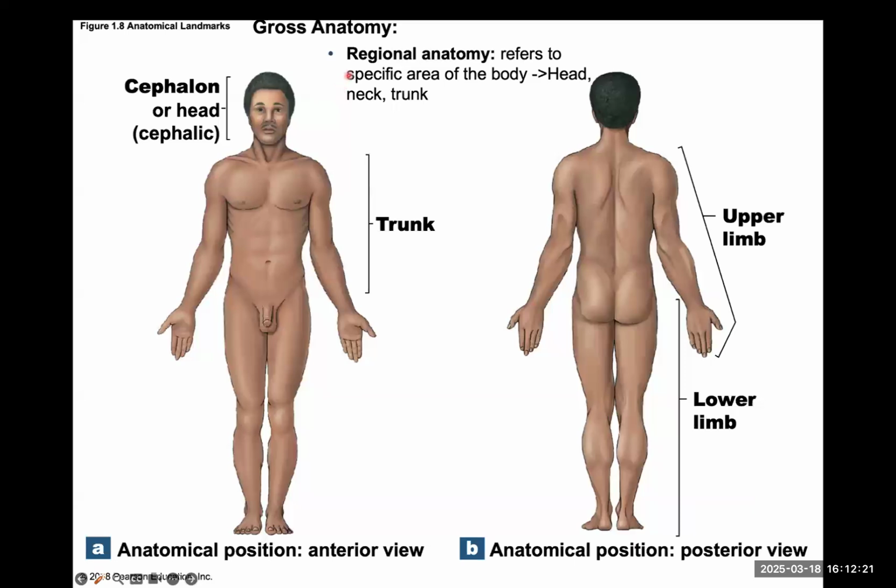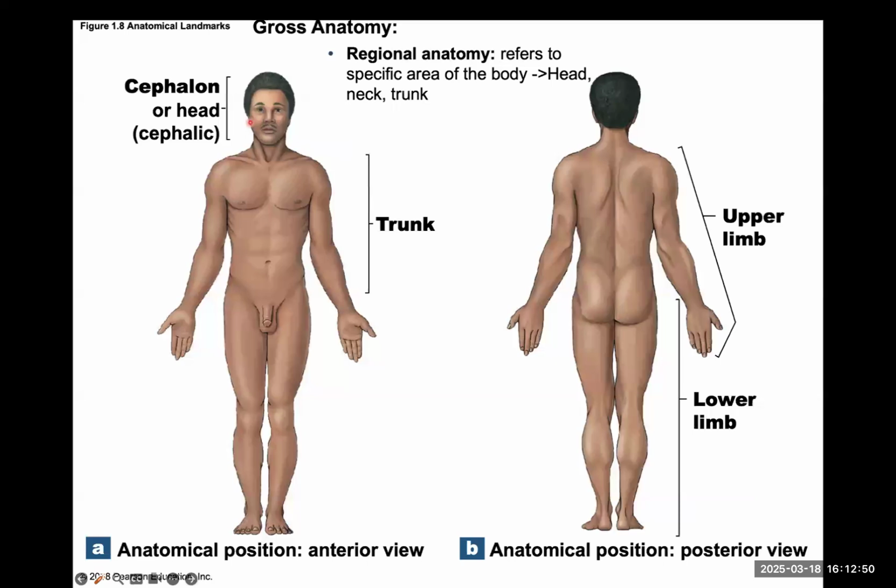And then we also have something called regional anatomy. This refers to a specific area of the body, head or neck or trunk. For example, the part of the body around the head is going to be called cephalon. That's the regional area, there's regional anatomy there.